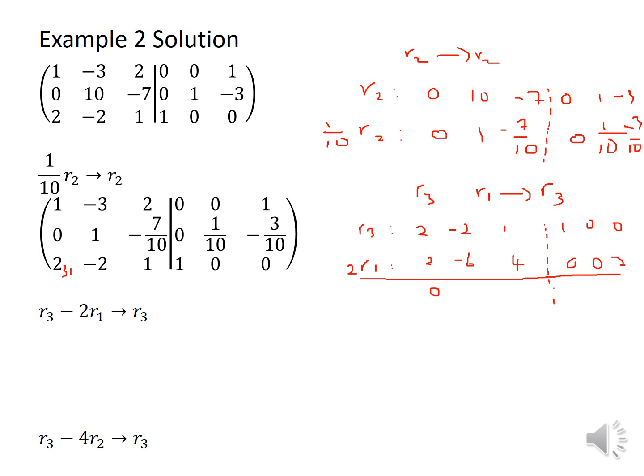And we minus. So 2 minus 2 is 0. And -2 minus -6 is 4. You calculate for the rest. Now this is a new R3.